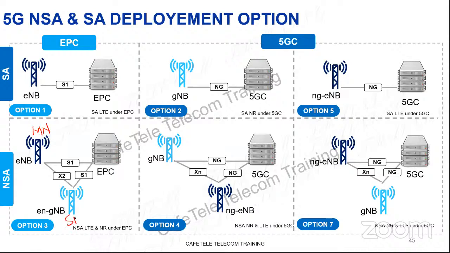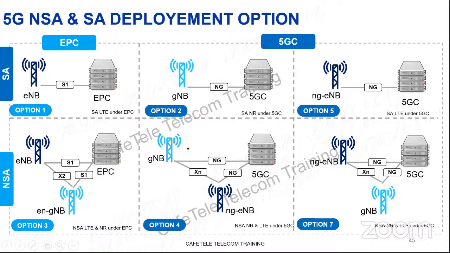En-gNodeB. Now who is master here? gNodeB. Who is the secondary node? This one, ng-eNodeB. Who is master here? No, option 7, so ng-eNodeB.